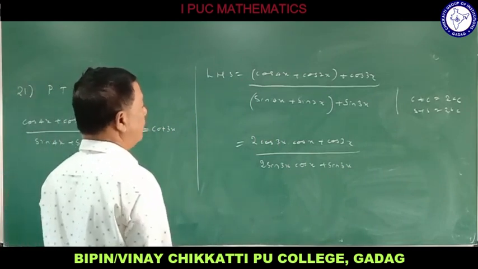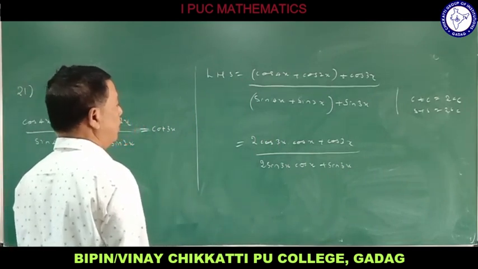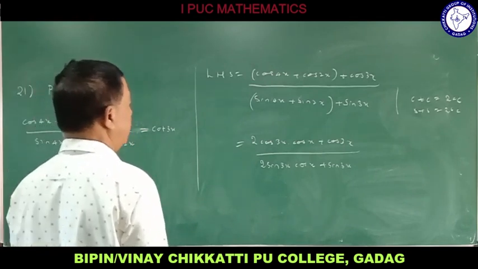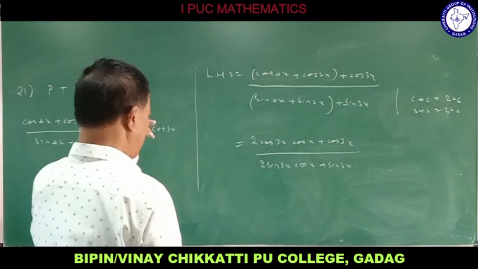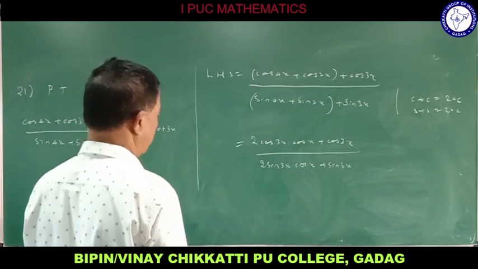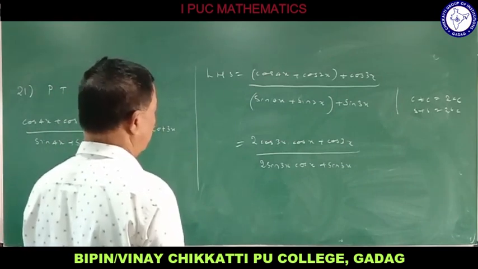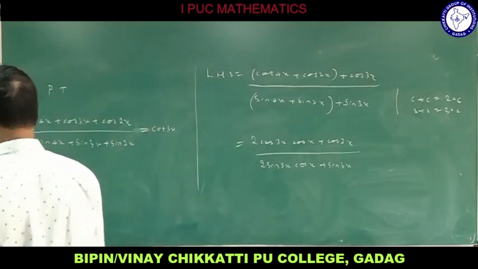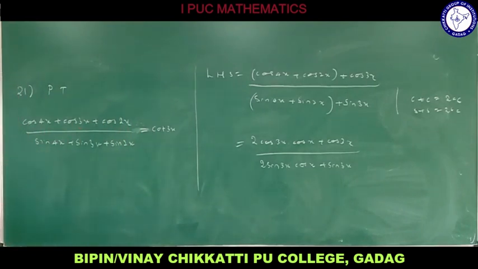So what is common here? You have to see that, and accordingly you can take it common. In the numerator, cos 3x is common, and in the denominator, sin 3x is common.